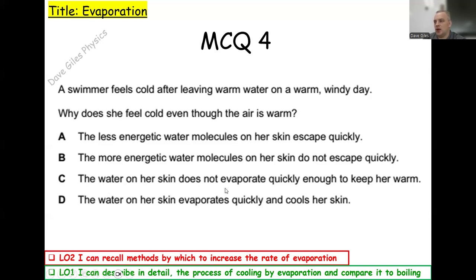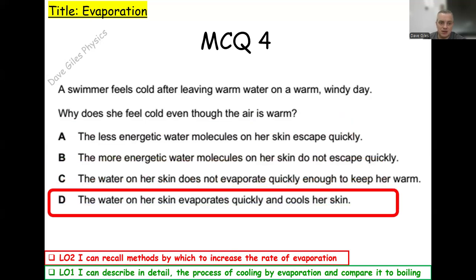The water on her skin does not evaporate quickly enough to keep her warm. It's not that. It's the water on her skin evaporates quickly and cools her skin because she's got all the conditions she needs. It's warm and it's windy. So that's some of the conditions she needs for evaporation. So the answer is D.